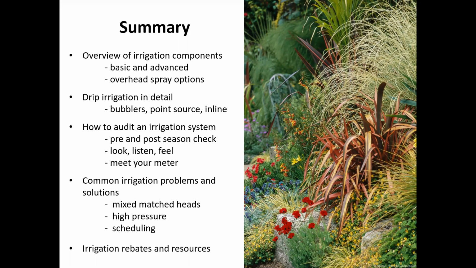Also common irrigation problems and solutions, and learning how to use your meter to help you understand how much water is being used and finding leaks, and then wrapping it all up in a bow with different irrigation rebates or resources to help you after you leave this webinar from us today.